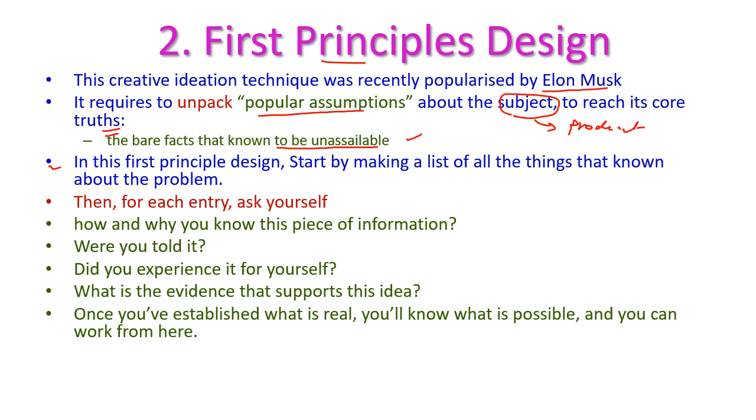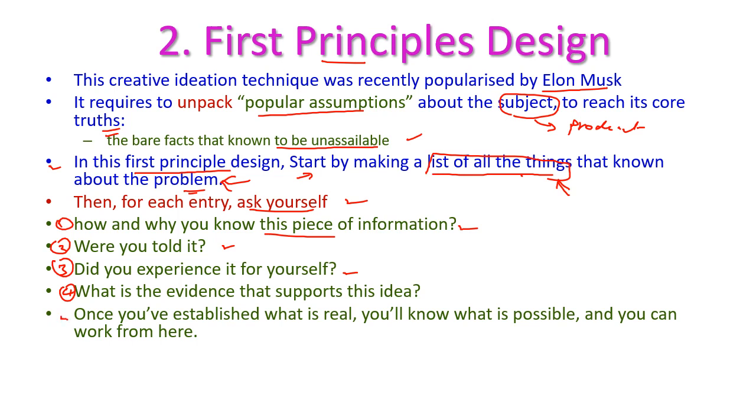In this first principle design, we have to start by making a list of all things that are known about the problem. First, we make a list of all things which are known about the problem, and then for each entry ask yourself: how and why do you know this piece of information, where were you told it, did you experience it for yourself, and what is the evidence that supports this idea.